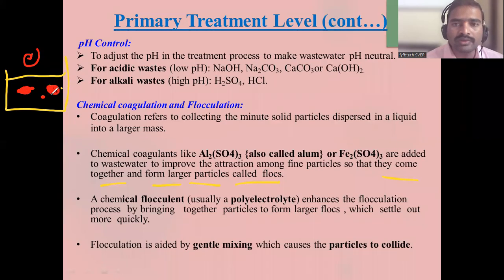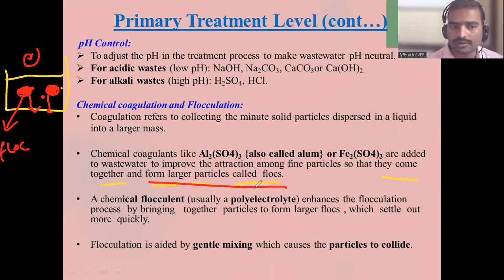Another particle will come and attract each other. What is this called? This is called floc. From the flocculator it will become floc, a larger mass, that will be removed. It will settle together to form larger particles called flocs.